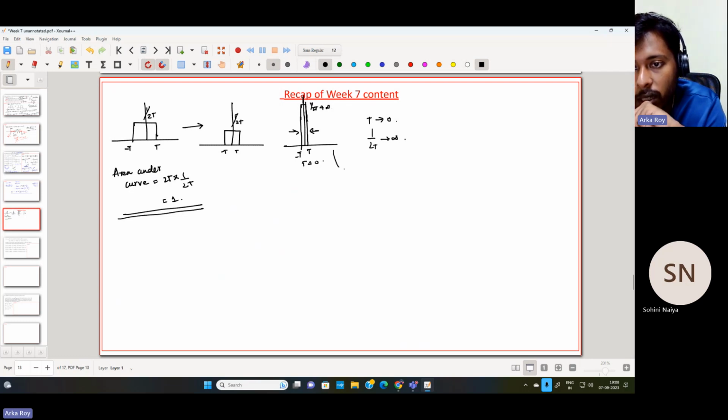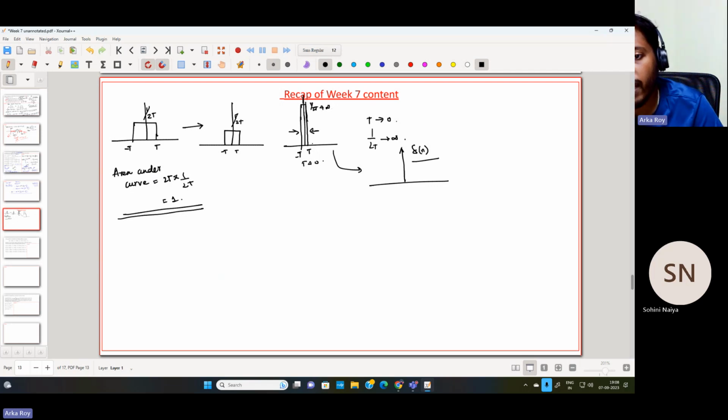So this basically gives rise to the condition of a Dirac delta function, what we call delta n. At n equals 0, if I squeeze this particular square pulse too much, such that the time is tending to 0, the amplitude corresponding to that pulse reaches infinity.